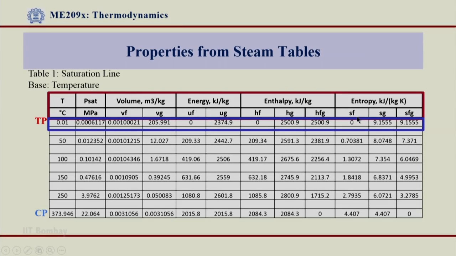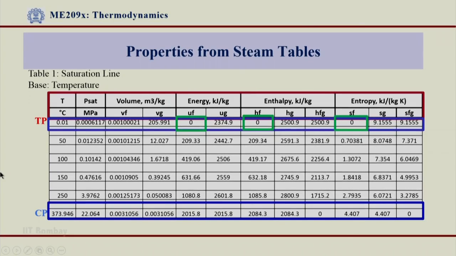So in accordance to that, other values will get determined, keeping this as a reference value, alright. So energy, enthalpy and entropy are fixed as 0 at the triple point, while other values will vary based on thermodynamics, but this is our datum point or reference point. As highlighted here, this is the 0 point over here.